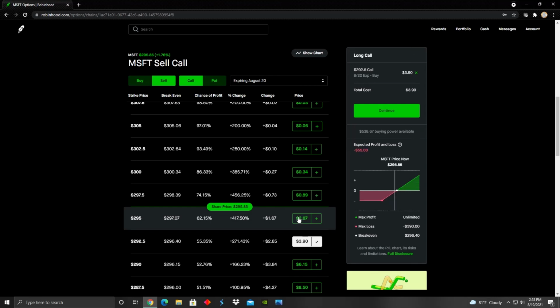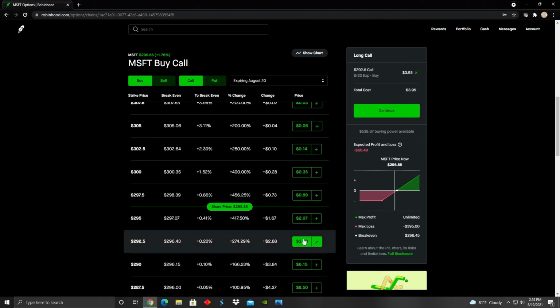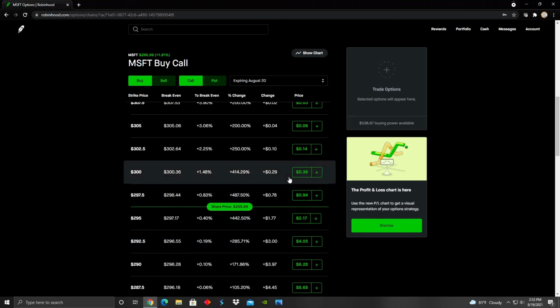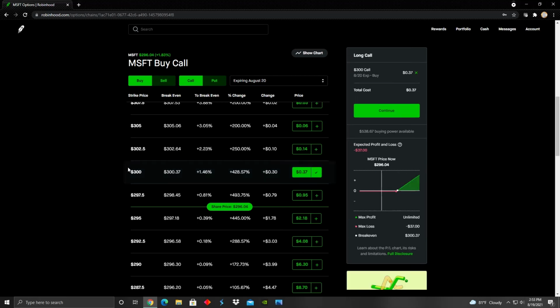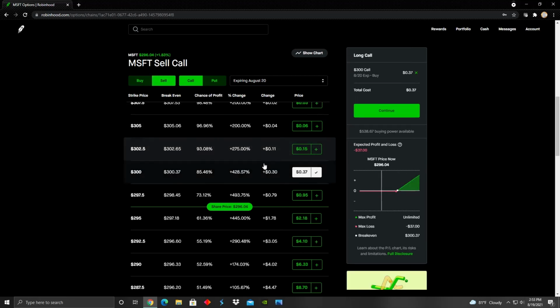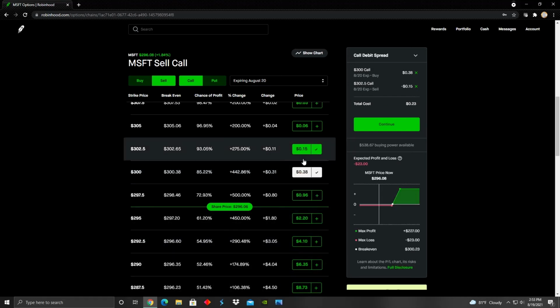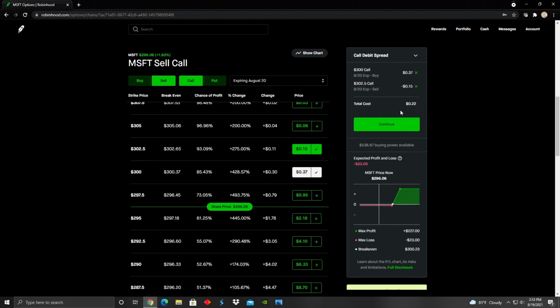So let's say, for example, instead of buying the call debit spread that's right underneath this share price, we bought the one that was above it. So let's say we bought this one for the 300 strike price, and then we sold the one right above that over here. Our total cost for entering this call debit spread would be $22, and our max profit would be $227.